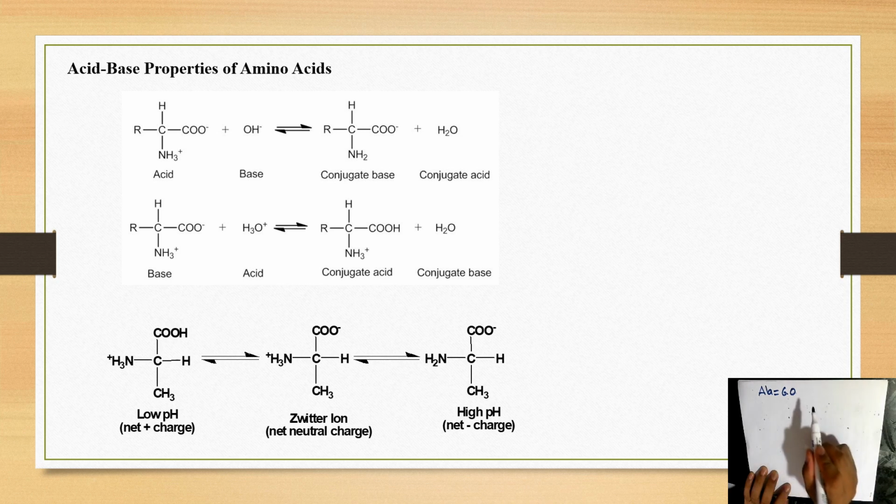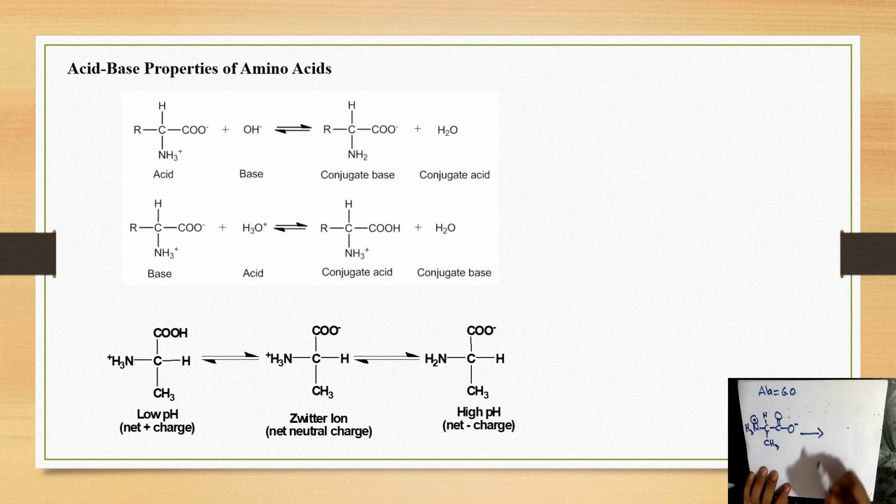Now our case is the pH above 6.0. What will be the form or the net charge of alanine? Let's begin by writing again the structure of alanine in its zwitterion form, because that's the structure of alanine at pH 6.0.